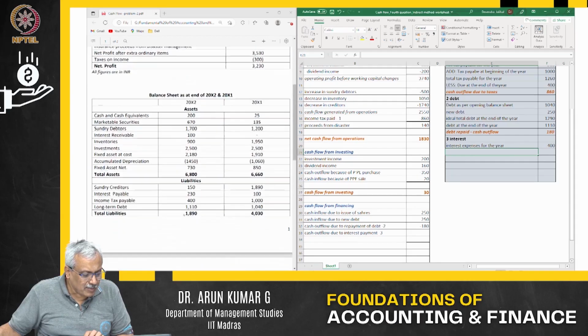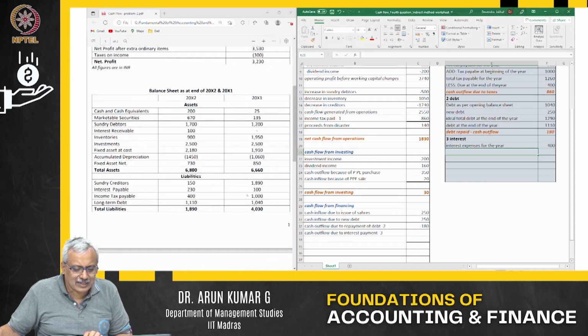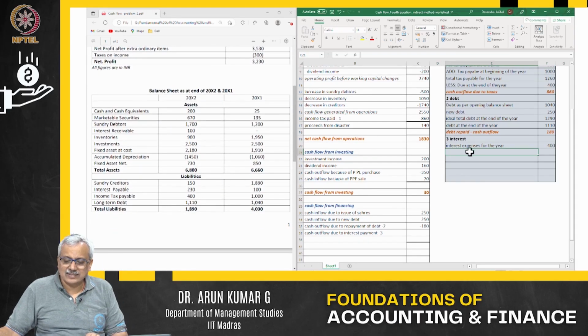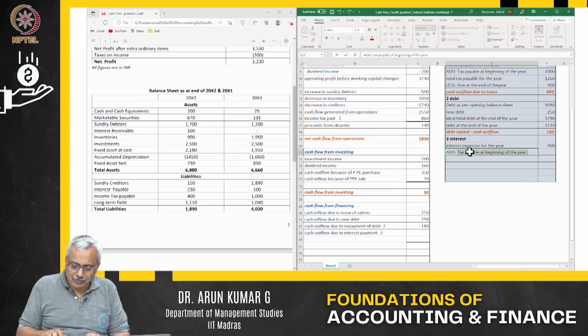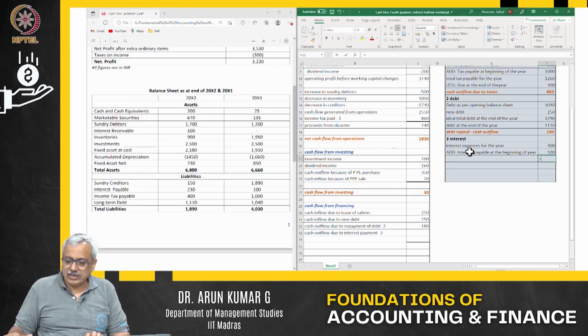Now, go to the liabilities of the balance sheet. Interest payable at the last year is 100. That is, add interest payable at the beginning of the year, $100. That means what is the total interest payable?